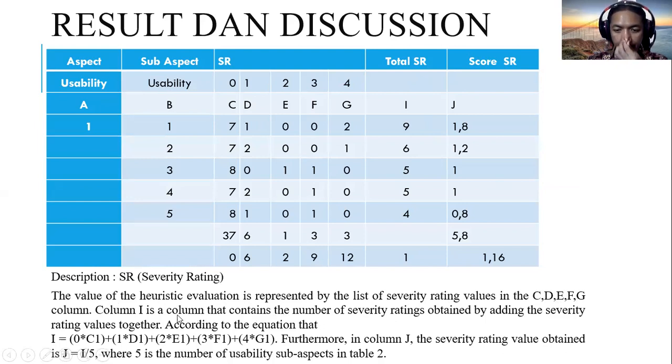Column E is the column that contains the number of severity rating obtained by adding the severity rating values together. According to the question, and furthermore in column J, the severity rating value obtained is E divided by 5, where 5 is the number of usability sub-aspects in table 2.